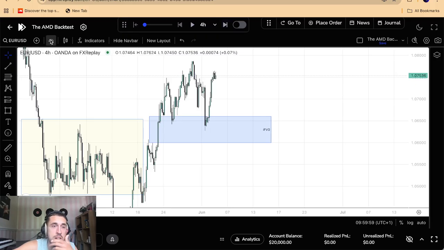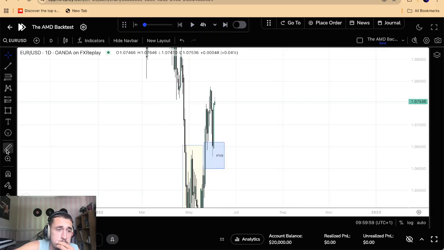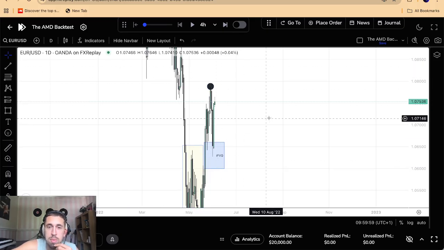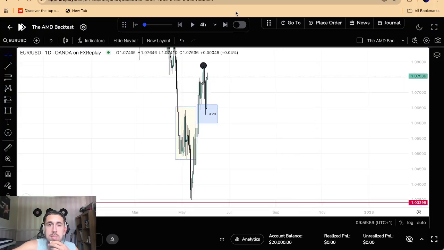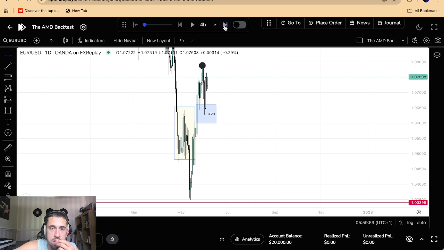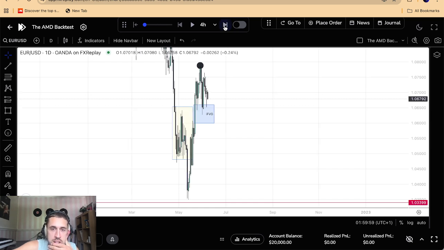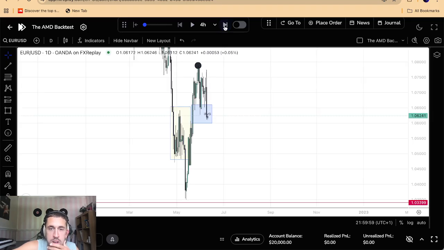So next point, if this is truly the manipulation, which at the moment we're thinking it is, but again we can't take a trade until we close past this, then this shouldn't ever be broken. The manipulation low should never be broken. So let's see if it does or if it doesn't. Looking like we're getting it so far. Alright, looking like we are going to get this.